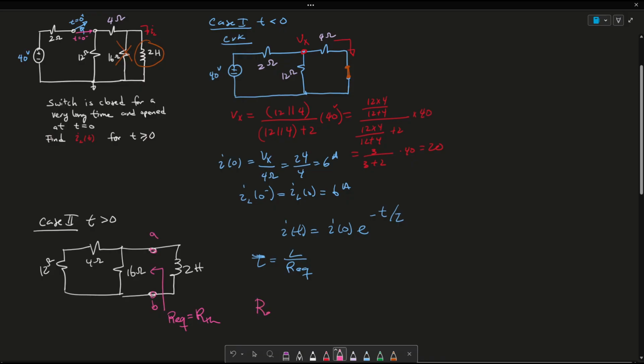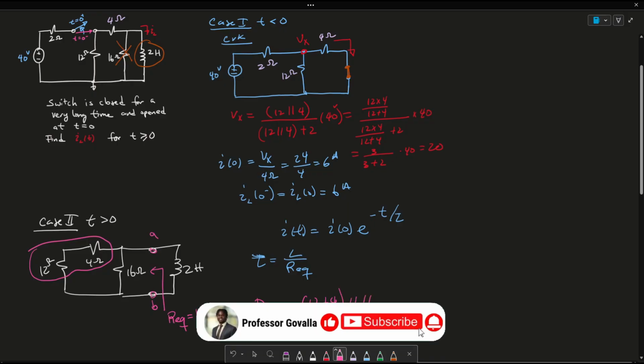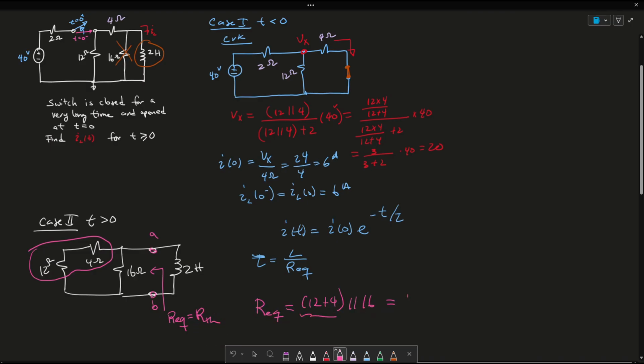So we get R equivalent is equal to these two resistors added up, so 12 plus 4 in parallel with 16. Again, this is just 16 in parallel with 16. So we get 16 times 16 over 16 plus 16, which is 8 ohms. This means that we can solve for tau, which is 2 henries over 8 ohms, which is 1/4 seconds.